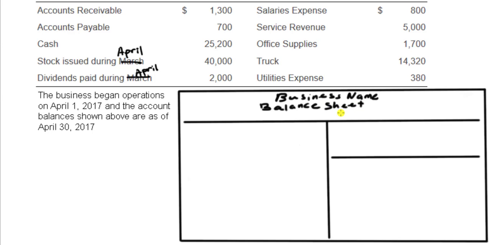And the third line will be the date that we're speaking of. The balance sheet might be different on April 10th, April 17th. On one day we didn't have a building, the next day we bought a building, so our assets changed. The liabilities and assets can change as of any point in time, right? So you're not going to put a period here, you're going to put an exact date.